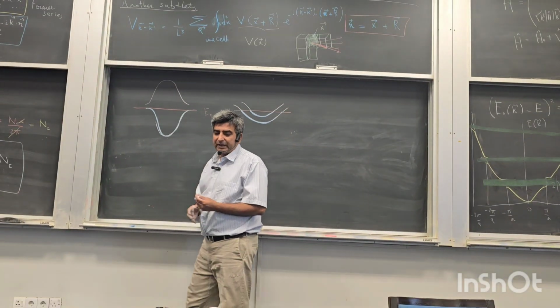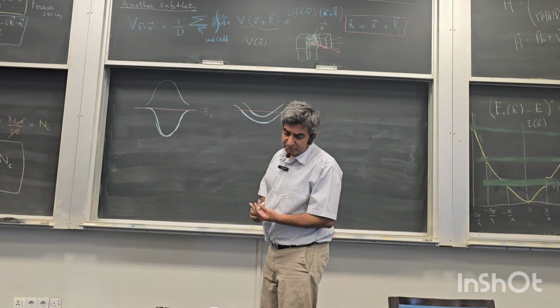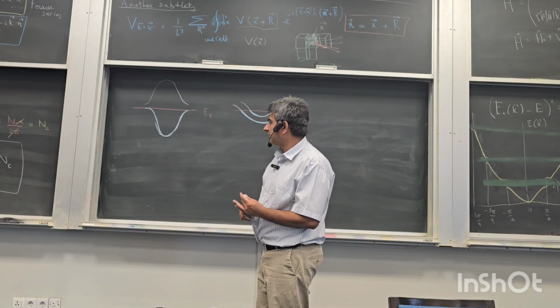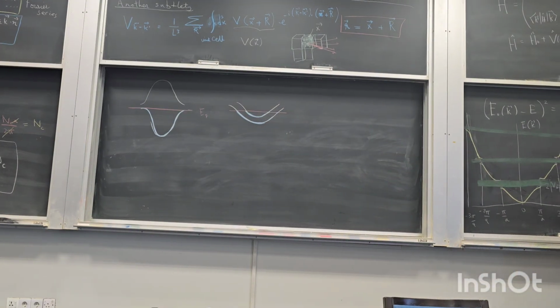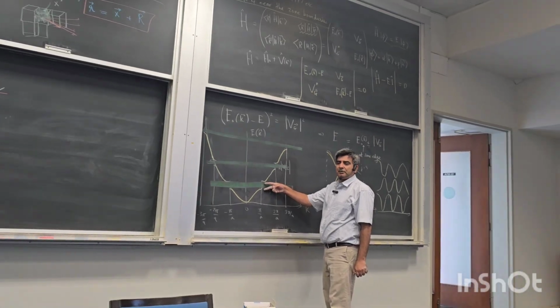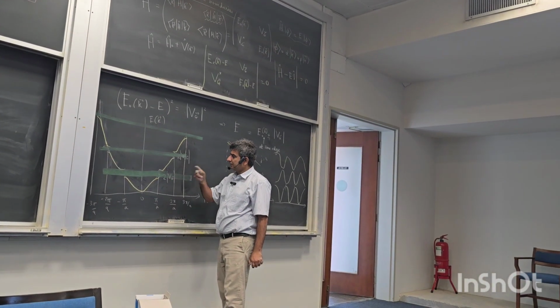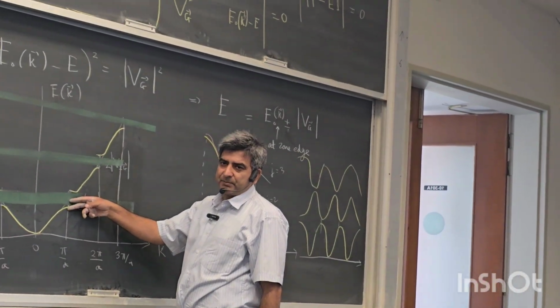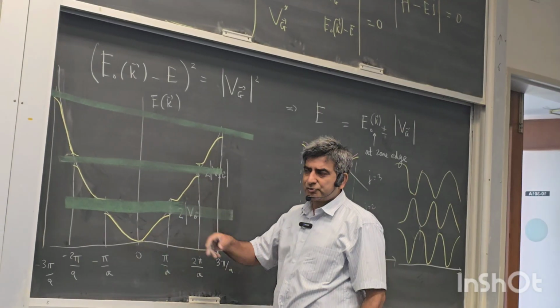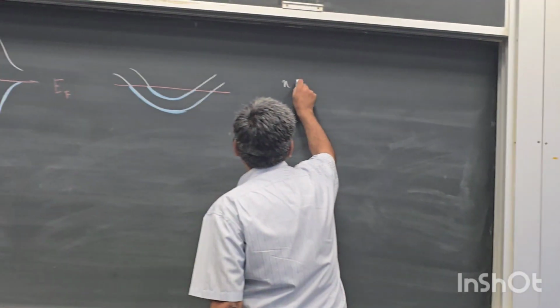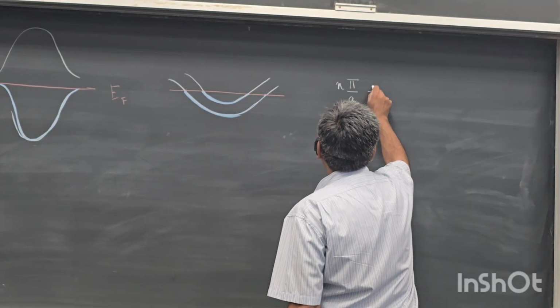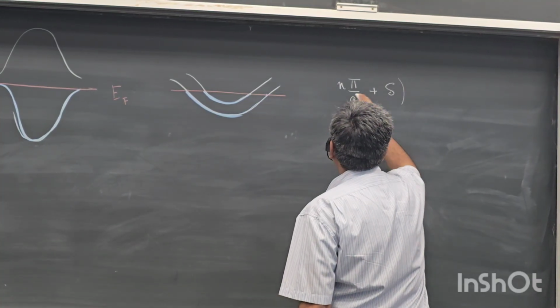By the way, one thing I would encourage you to do as a homework. So this is the calculation right at the gap. What if we remain close to the gap, but not at the gap? So instead of being at n pi over a, suppose we are at n pi over a plus delta.